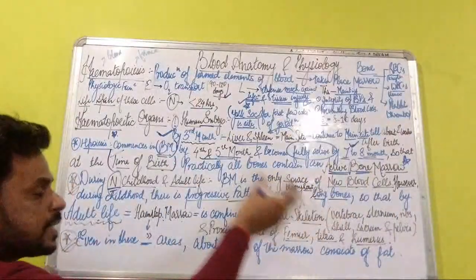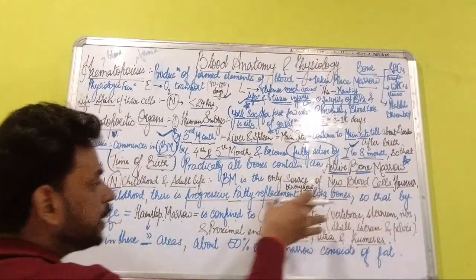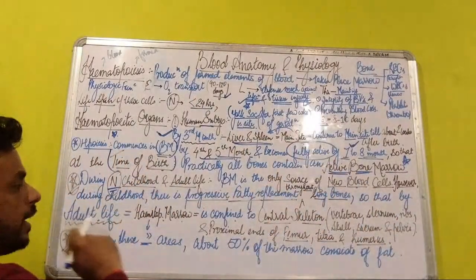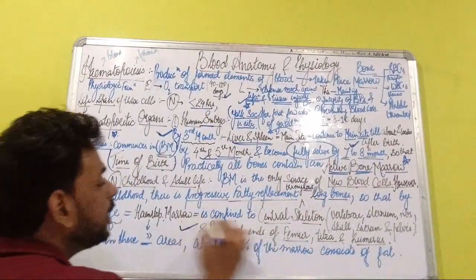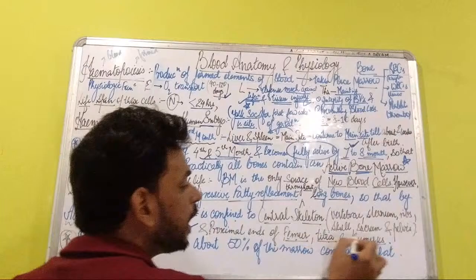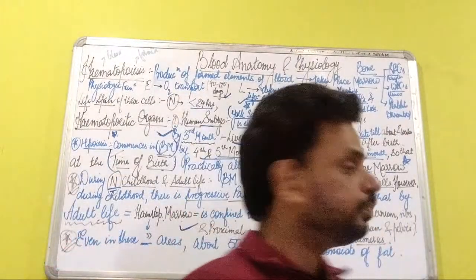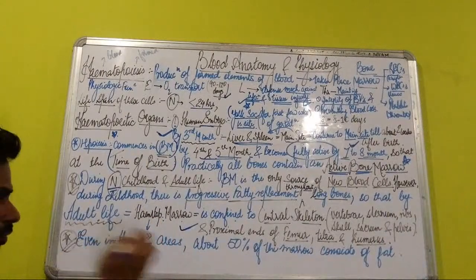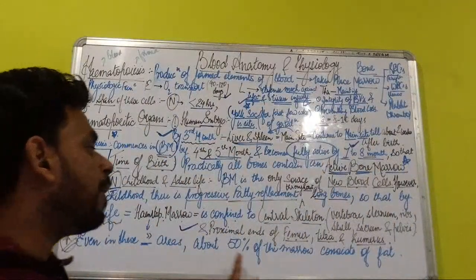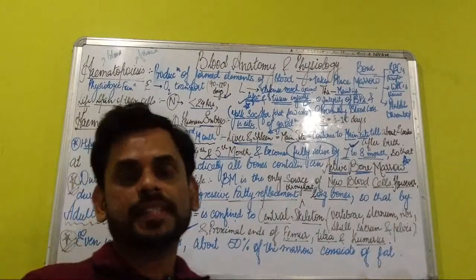So hematopoiesis is confined to the central skeleton in adult life, in the bone marrow, as well as in the proximal ends of the femur, tibia, and humerus. Lastly, even in these hematopoietic marrow areas, about 50% of the marrow consists of fat.